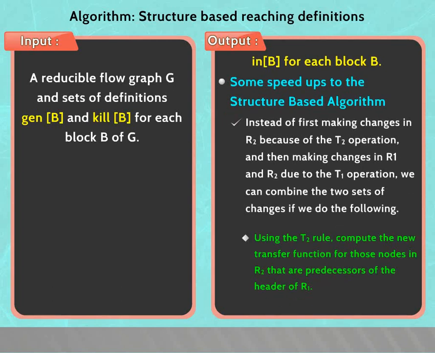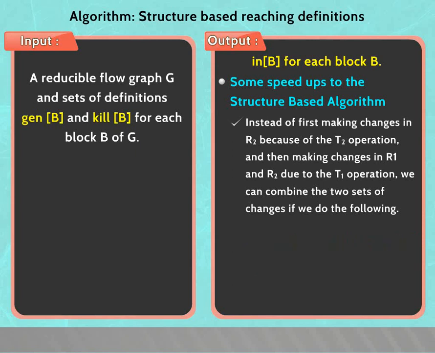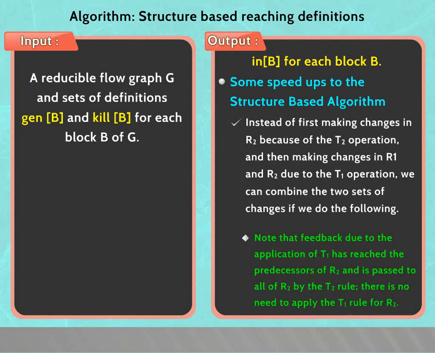Using the T2 rule, compute the new transfer function for those nodes in R2 that are predecessors of the header of R1. Using the T1 rule, compute the new transfer function for all the nodes of R1. Using the T2 rule, compute the new transfer function for all the nodes of R2. Note that feedback due to the application of T1 has reached the predecessors of R2 and is passed to all of R2 by the T2 rule. There is no need to apply the T1 rule for R2.